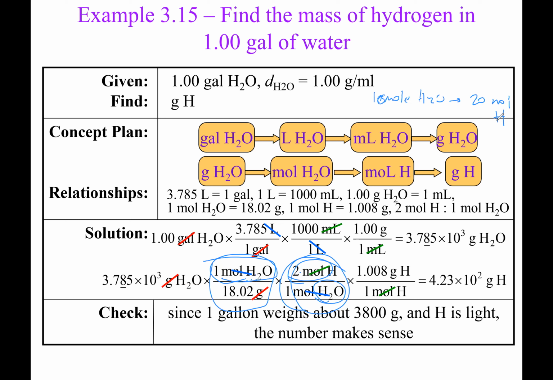So you have to cross that bridge of mole first. If you're looking at one molecule of H2O, that would be 2 atoms of hydrogen and 1 atom of oxygen. But 1 mole of H2O would be 2 moles of hydrogen atoms and 1 mole of oxygen atoms. So it's like being able to read the equation.